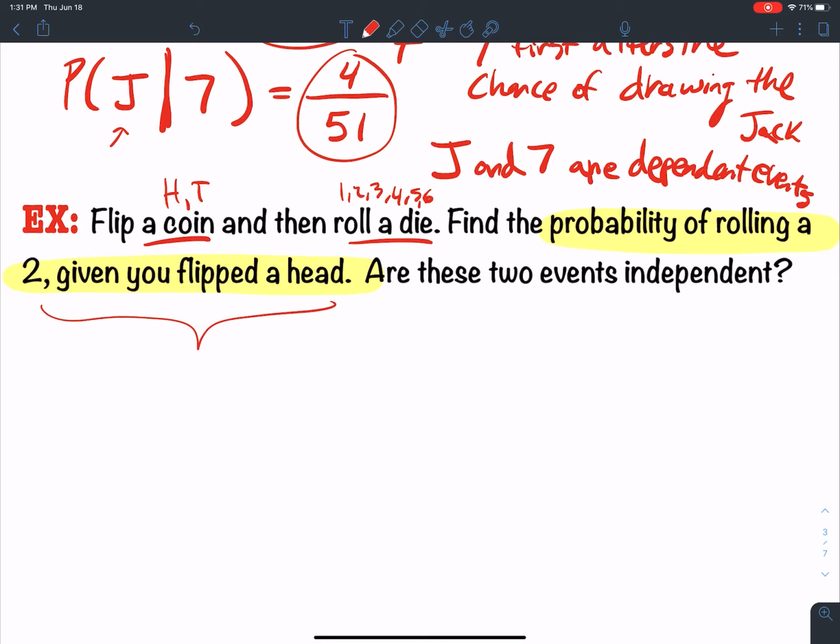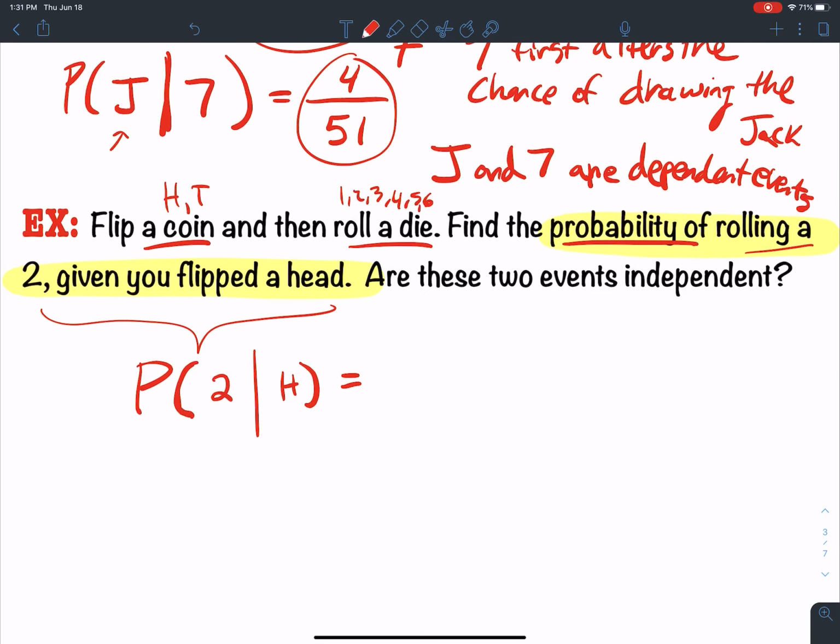I write it as the probability of rolling a 2 given that I flipped a heads. Now, does flipping a coin have any effect on rolling a 2? No, it does not. So this is literally equal to the probability of rolling a 2, which is 1 out of 6 total options when you roll the die.